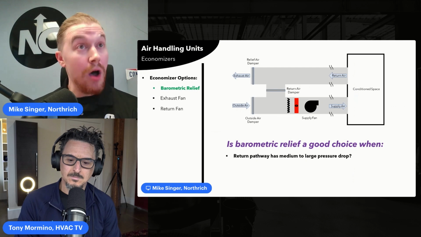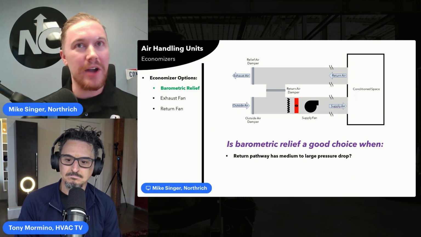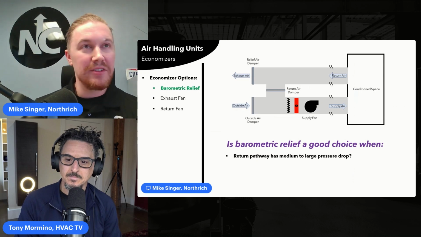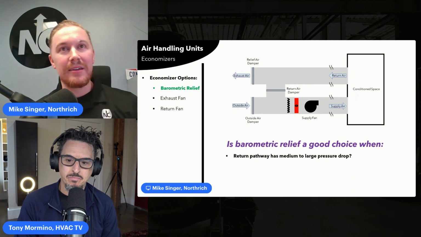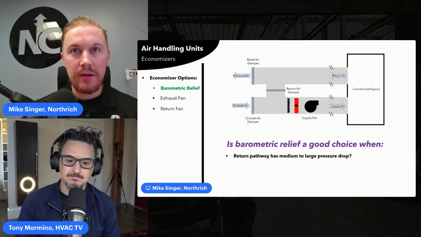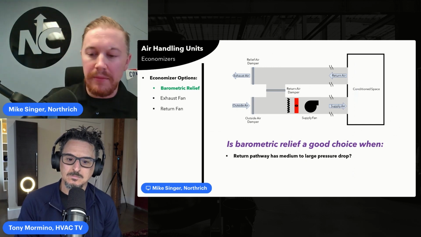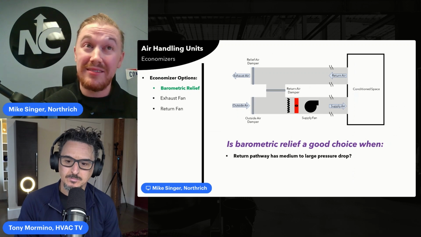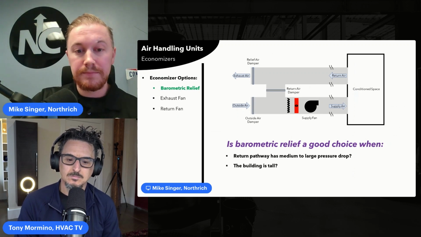And the answer here is no. When that return pathway pressure drop is large, we end up having to overpressurize our space so that we have enough pressure to make our way back to the barometric relief damper and the suction side of our fan. So we only want to use a barometric relief economizer when we have little to no return pathway pressure drop.